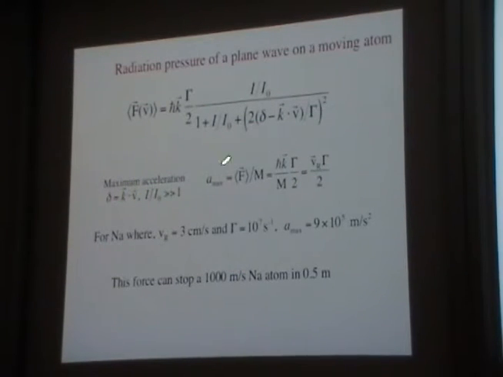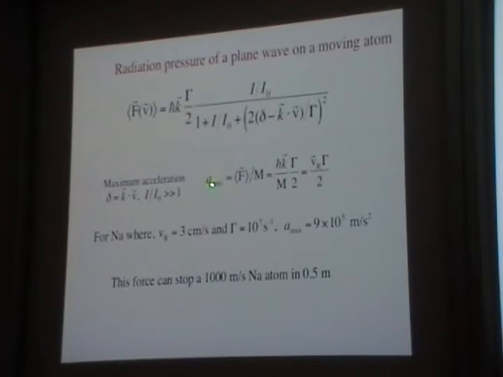And so you can plug in some typical numbers here. For example, if you want to know what the maximum acceleration is, that occurs when you're at a detuning equal to the shift in the resonant frequency due to the Doppler shift. So when delta is equal to k dot v, or in other words, this term is 0, and you go to high intensity limits so that you're at the maximum scattering rate of gamma over 2.